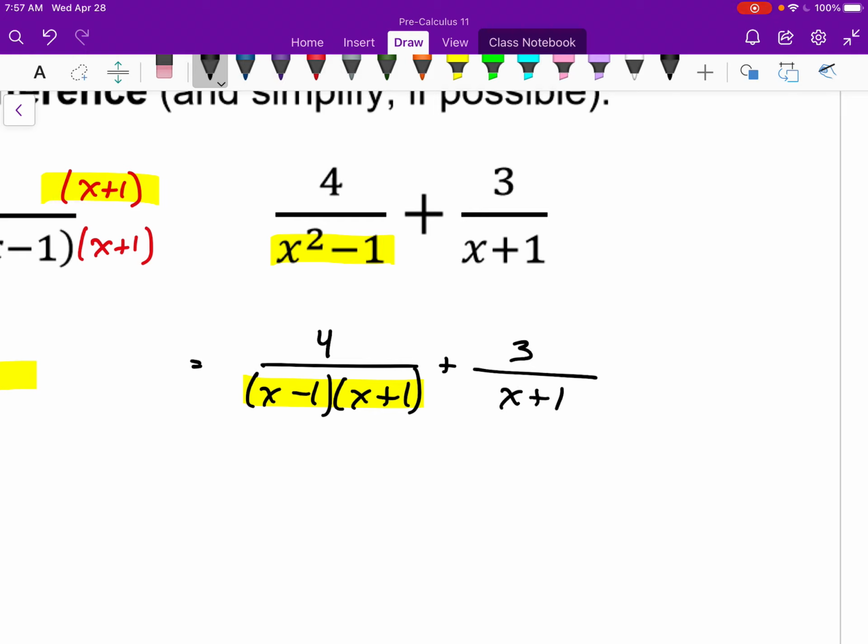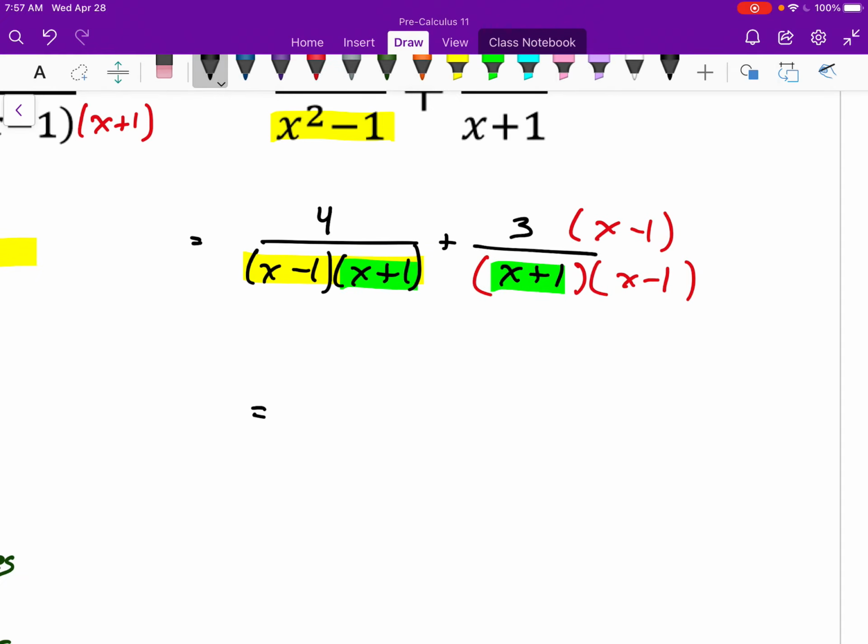Because if you notice, both these denominators already have a factor of x plus 1 in common. And so all I have to do to make the two denominators identical is to multiply just the expression on the right by x minus 1. But whatever you do to the numerator, you have to do to the denominator. Otherwise, you just change the expression. All right, so now I found my common denominator, x plus 1, x minus 1.